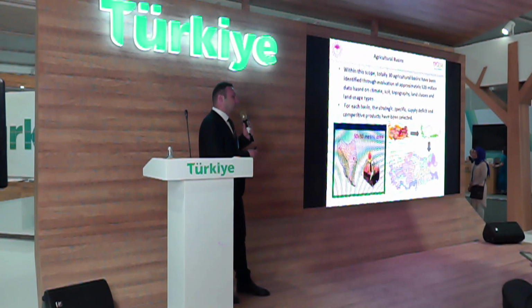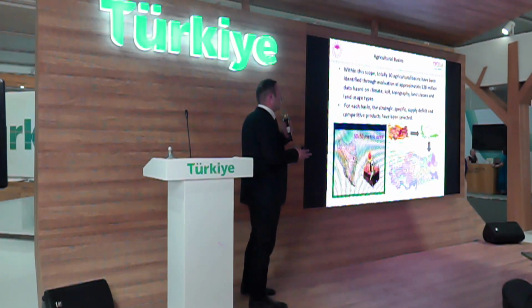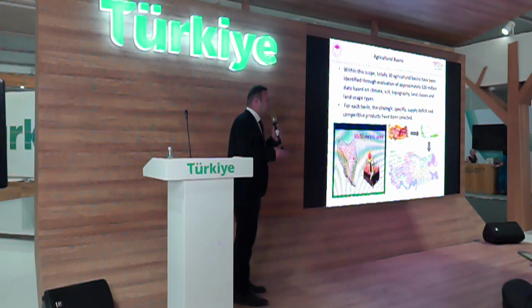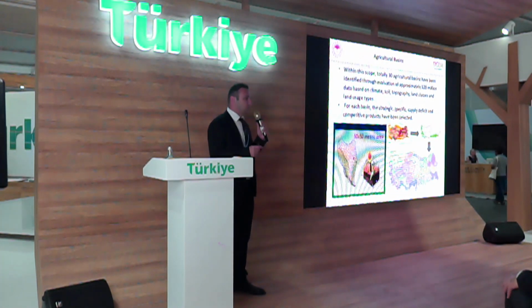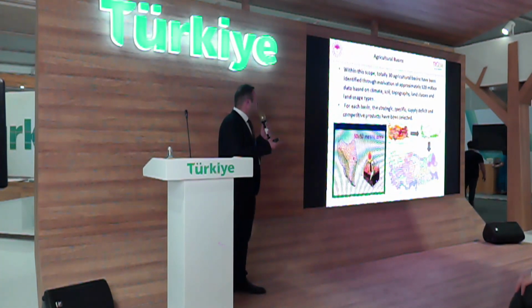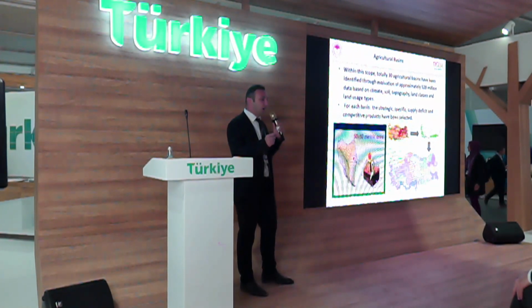Within this scope, a total of 30 agriculture basins have been identified through the evaluation of approximately 528 million data points based on soil, topography, land classes, and land usage types.